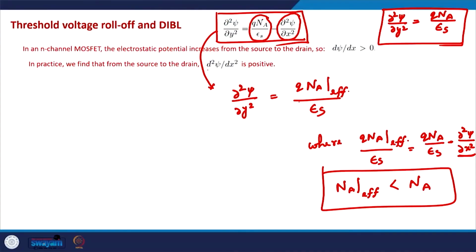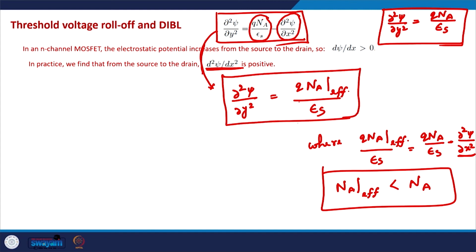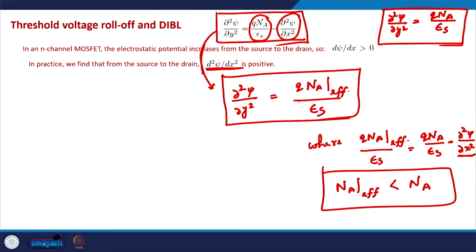So what we can say is, if this term del 2 psi by del x square is dominant, in that case we can write down the 2D Poisson equation just like a 1D Poisson equation, and hence all the things that we derived for the 1D Poisson equation can be used here as well. But now instead of Na, we need to consider Na effective, which is a smaller number than Na.